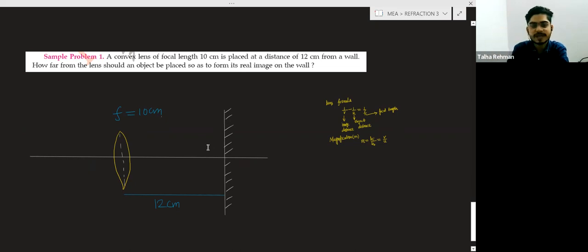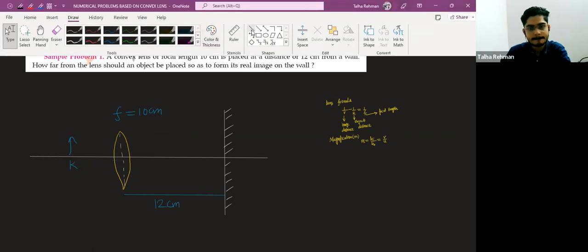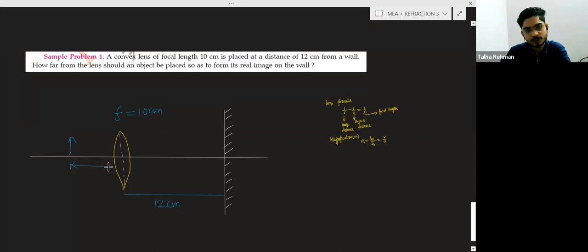I am supposing that I have placed the object here at a distance of u from this lens. We have to find the position of the object.